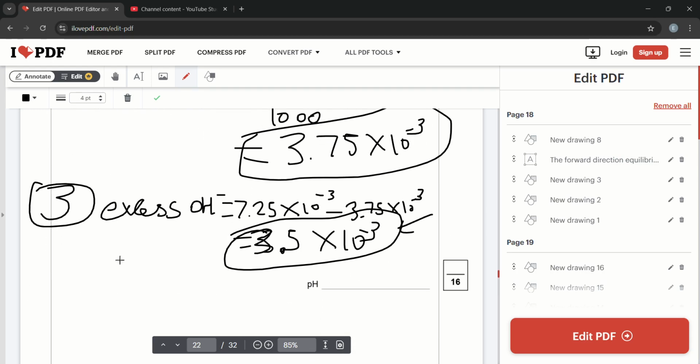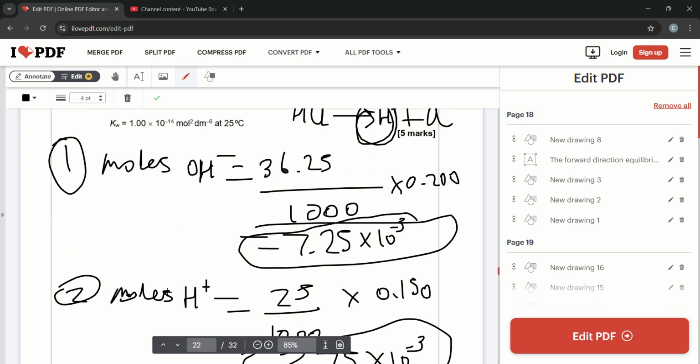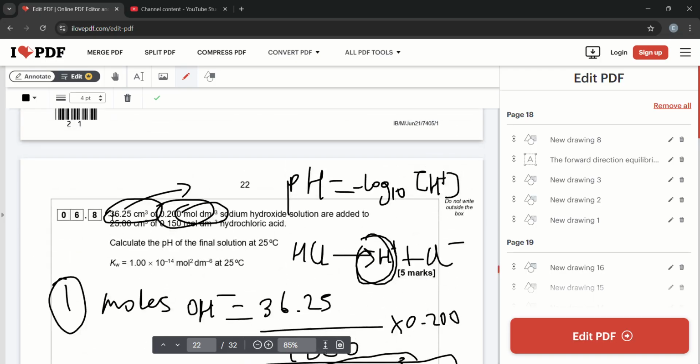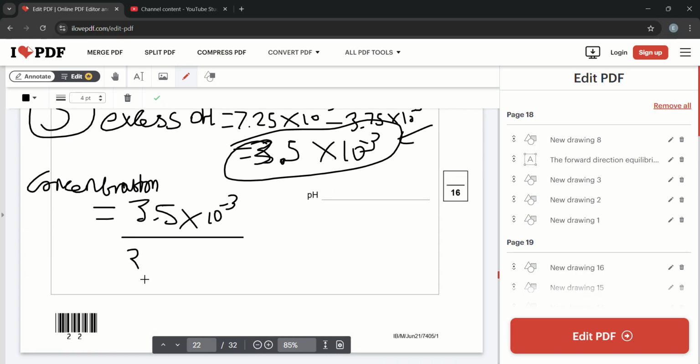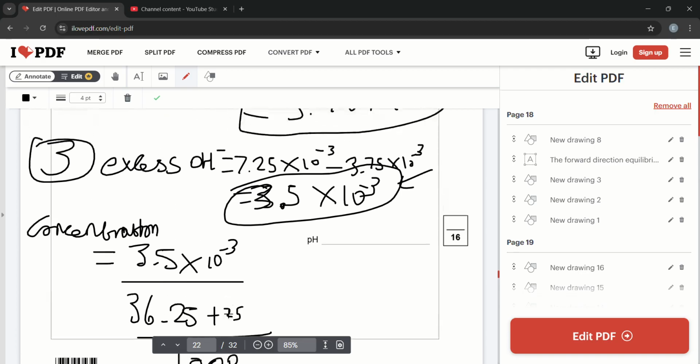We don't want the moles, we want the concentration. Concentration is moles divided by volume. So the moles of excess OH minus, 3.5 times 10 to the power minus 3, divided by the volume, which is the total volume, 36.25 plus 25, divided by 1000, because we want it in moles per dm cubed.